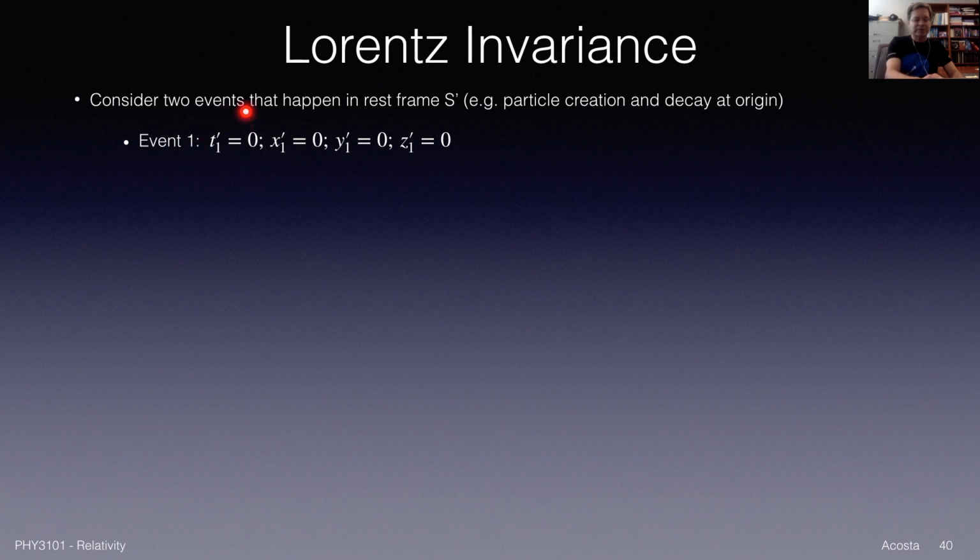And let's say it was created at time t1 prime of 0. Everything's 0 for all the 4 coordinates. Event 2 is when the particle decays. So when it decays, if we're in the rest frame of the particle, then it has to stay at the origin. So x2 prime, y2 prime, and z2 prime are all 0. But the particle may have lived for a time t naught in its rest frame.